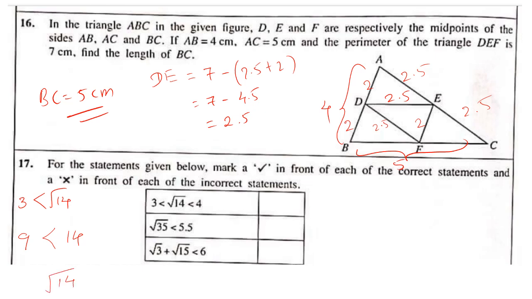So if you take the squares of both sides, if you take the square of this, it becomes 16. If you take the square of this, it becomes actually 14, right?